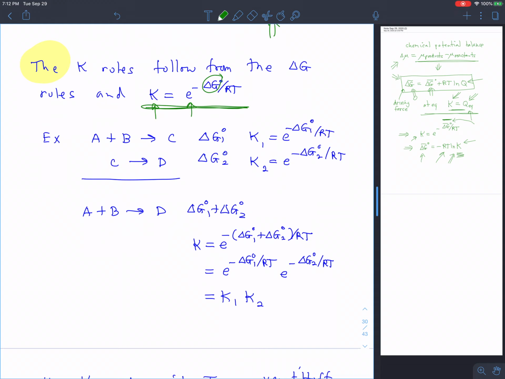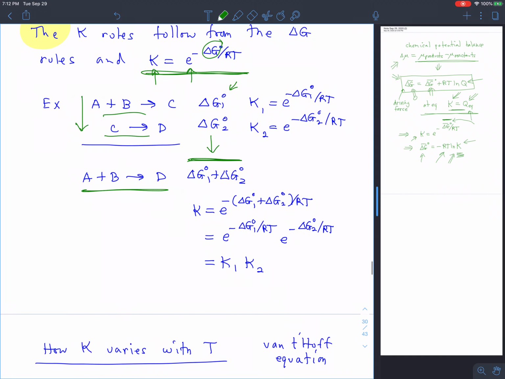Let's suppose, for example, that I'm adding two chemical reactions. So this is rule number 1. A plus B goes to C. C plus C goes to D. Therefore, A plus B goes to D. Using the rules, the standard state delta G's become the sum of the two standard state delta G's. So let's see what that does to the equilibrium constant, right?